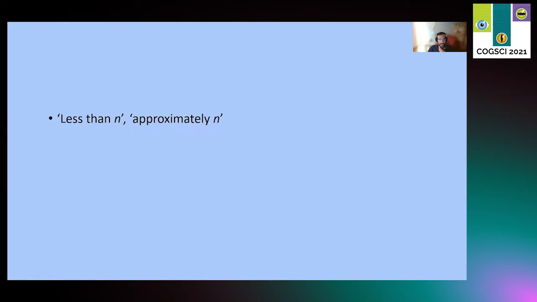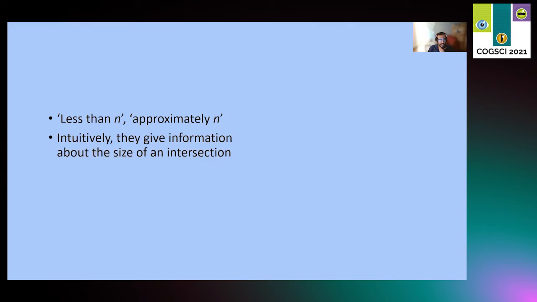Modified numerals are expressions like less than n and approximately n, where n is a numeral, and intuitively they give information about the size of the intersection between two sets. For instance, more than 3 cats sleep, where more than 3 is the modified numeral.